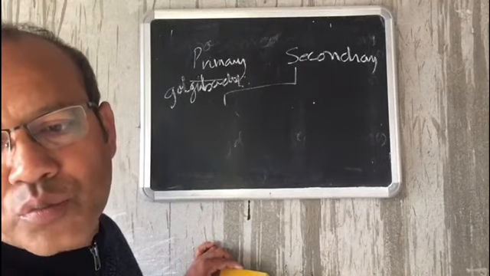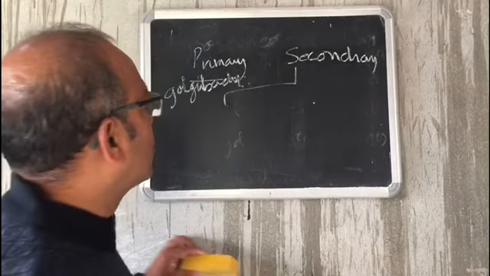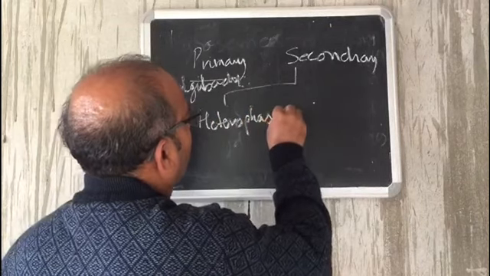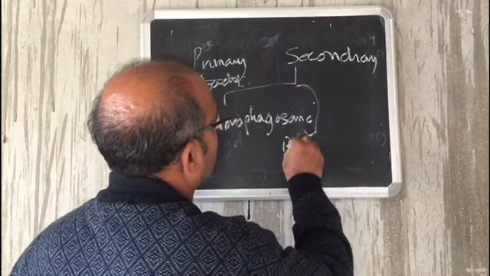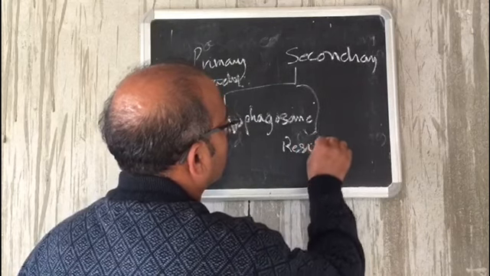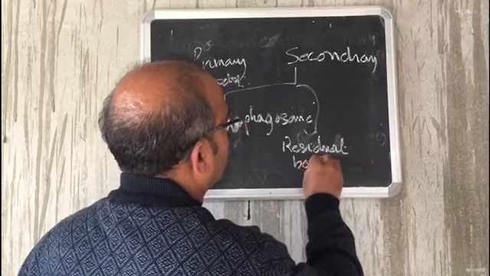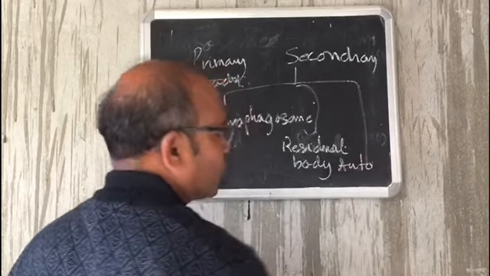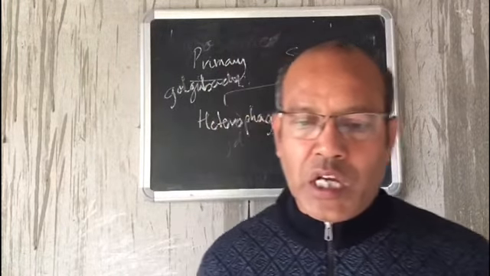The secondary lysosomes are heterophagosome, residual body and autophagosome.